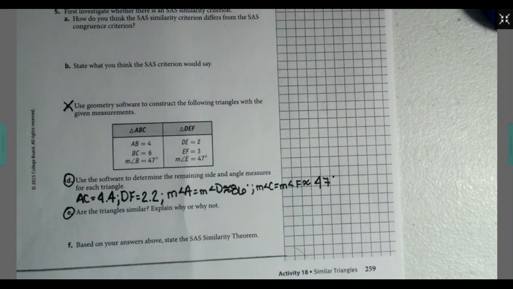Let's take a look at E. E says, are the triangles similar, and explain why or why not? Yes.